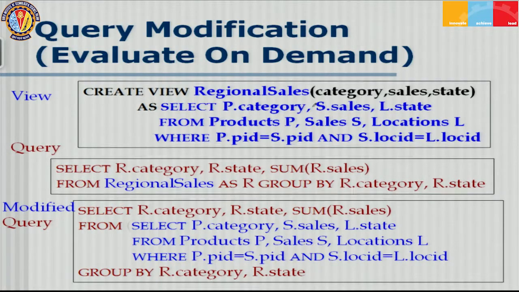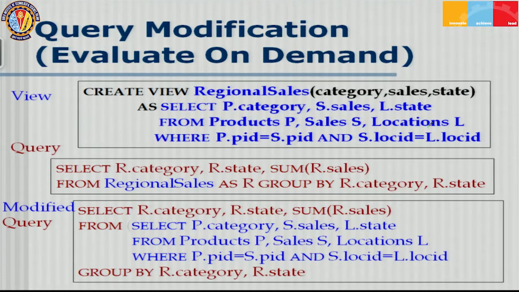You can see it is a join between three tables, where I'm taking category and sales from sales, and state from the location, from products P, sales, and location L, where this is equal to this and this is equal to this. This is a join condition that I've imposed. So this is a view that is created.